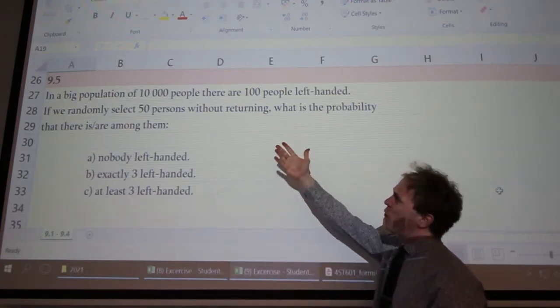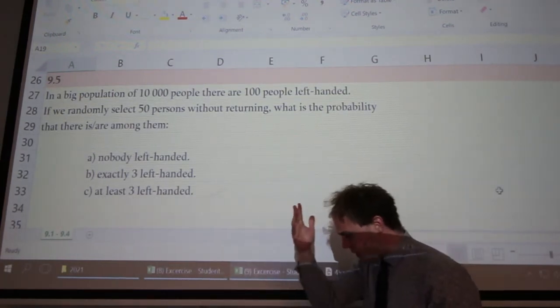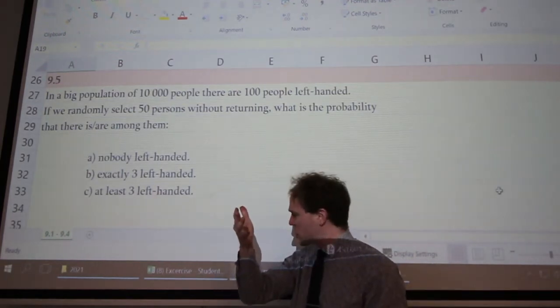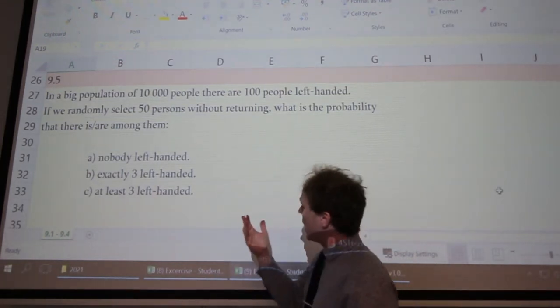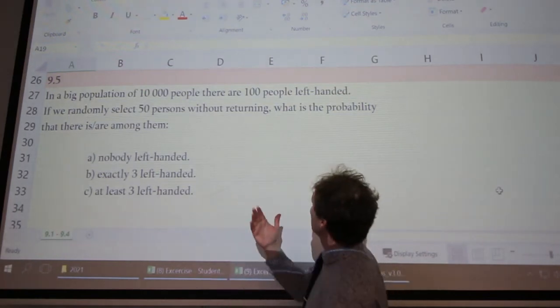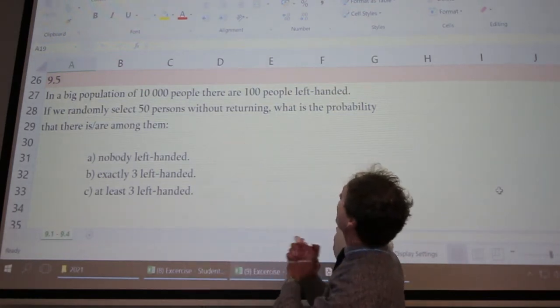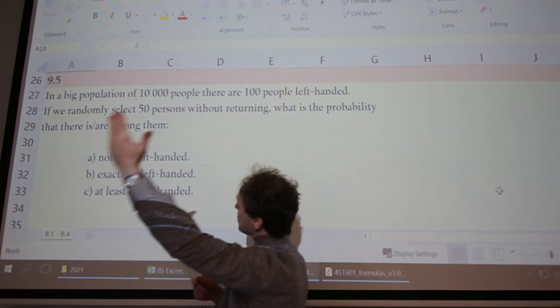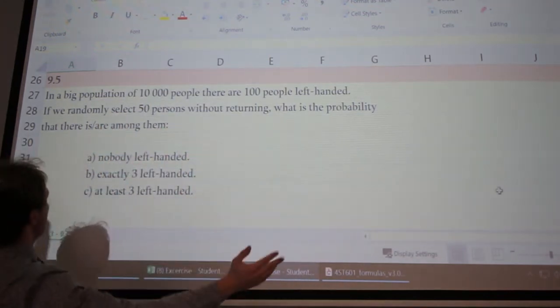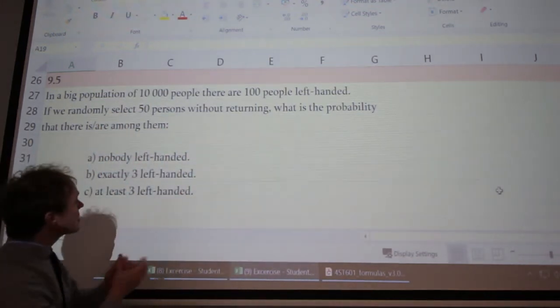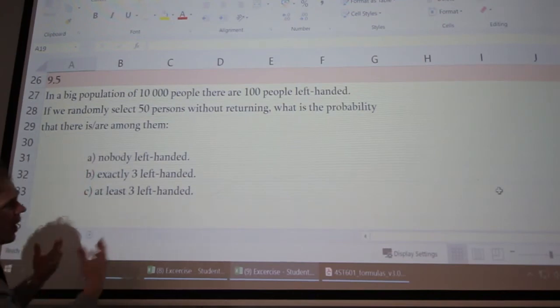A population of 10,000 people, so the number of inhabitants, for example, in a small town. Yes? A special characteristic that the person is left-handed. And random selection from this population, from these inhabitants, yes, 50, without returning.